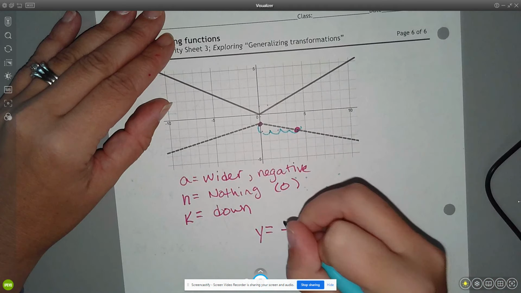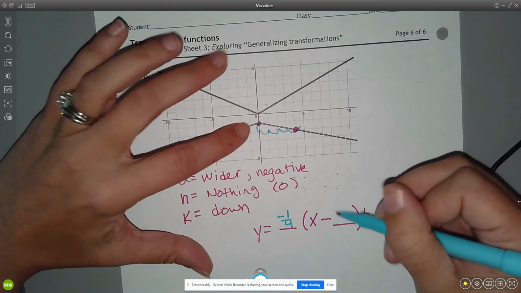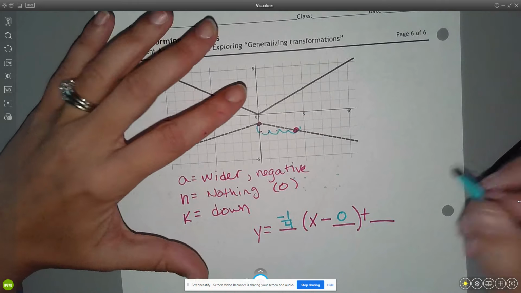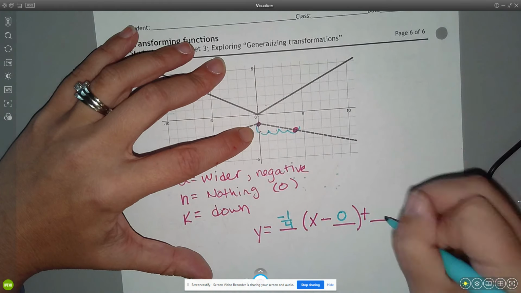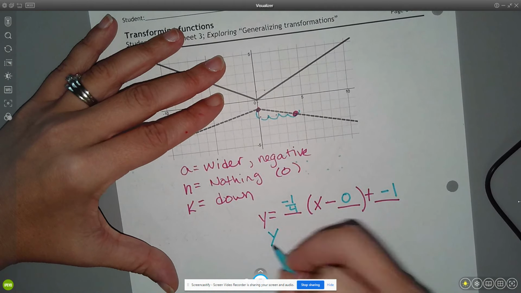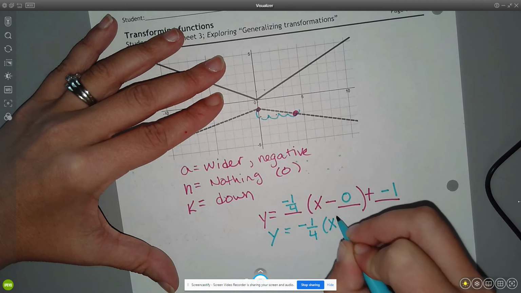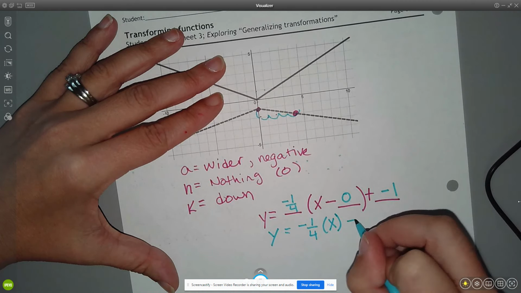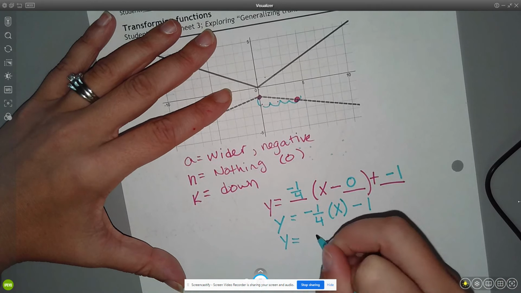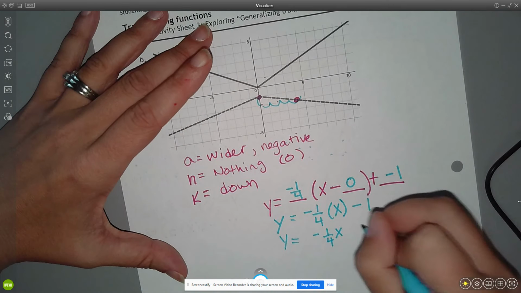So I'm going to call it negative 1 over 4. My x, we said nothing happened there. And then where does it shift? It shifts negative 1. So simplifying this out, we would say y equals negative 1 over 4 times x minus 1. Or we could call this y equals negative 1 over 4 x minus 1.